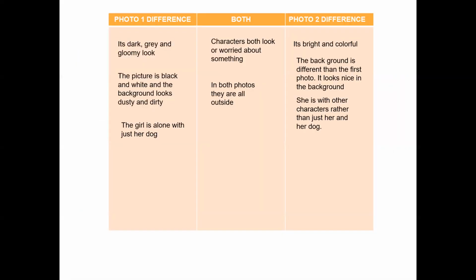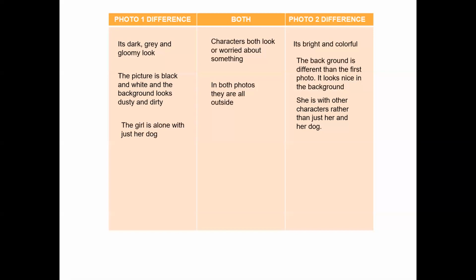Okay, and the similar thing that we see here is the characters both look worried about something. They look sad or worried, like something's wrong, or they're trying to figure something out. That's something they have in common, because if you look at the first picture, she has this worried look on her face.